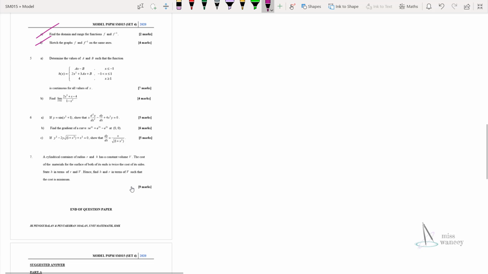Determine the value of a and b such that the function is continuous for all values of x. Okay, so it's supposed to be continuous for all values of x. So that means if I'm calculating the limit for x approaching -1 on the left hand side, this should be equal to the limit as x approaching -1 on the right hand side.